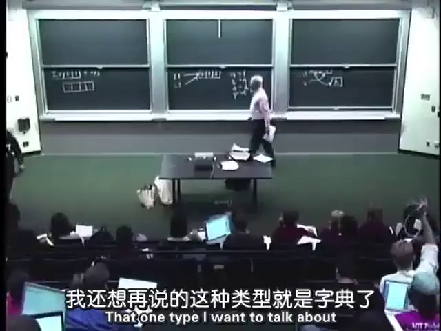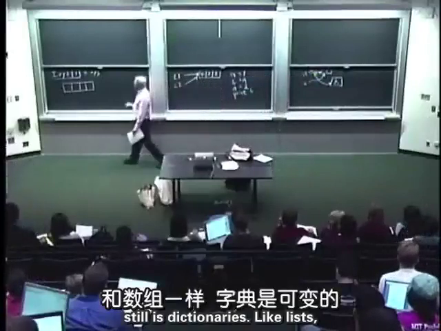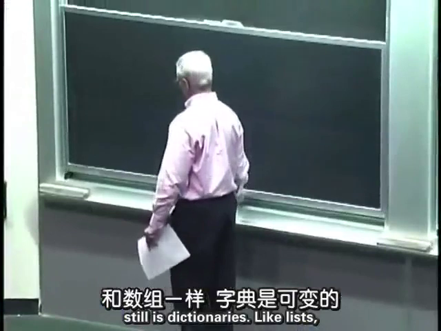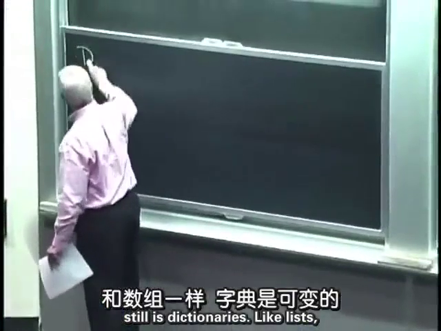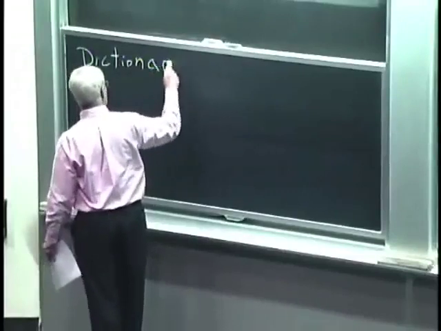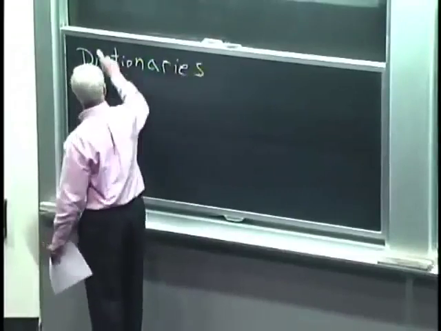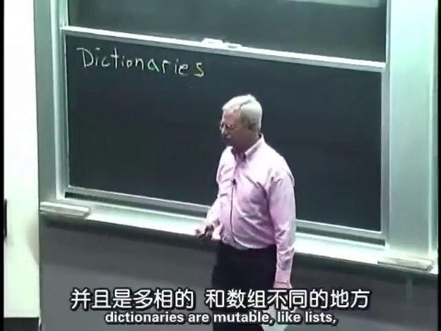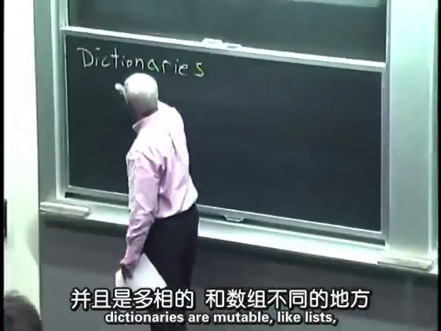The one type I want to talk about still is dictionaries. Like lists, dictionaries are mutable.